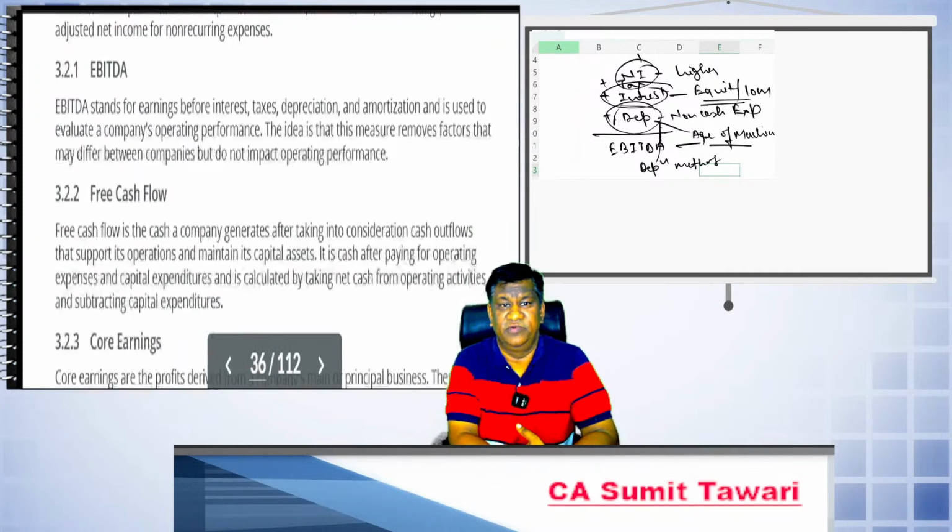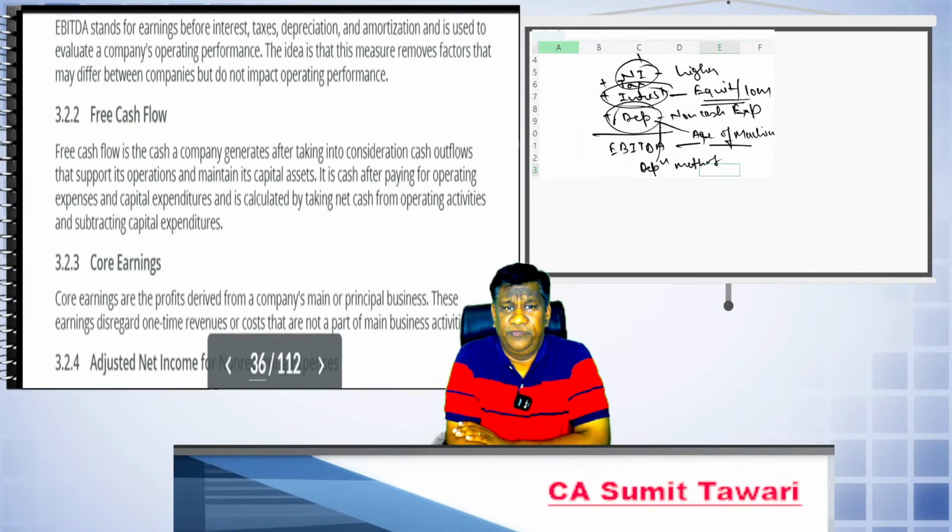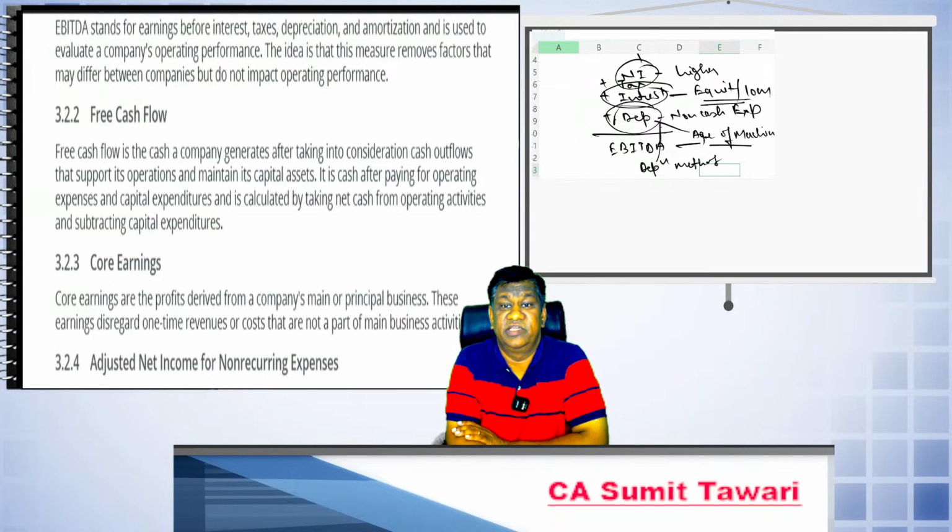Then free cash flow. So free cash flow is the cash a company generates after taking into consideration the cash outflow that supports its operation and maintains its capital assets. So it is the cash after paying for operating expenses and capital expenditure, and is calculated by taking net cash from operating activities and subtracting capital expenditure.